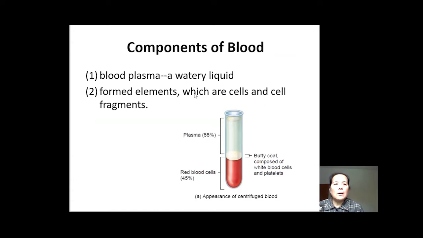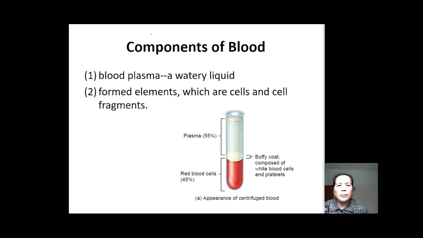Then we're talking about what's inside of blood. Generally we can separate blood into 2 big parts. One big part we call blood plasma, which is mainly the water part. The other part is the cells, the formed part.